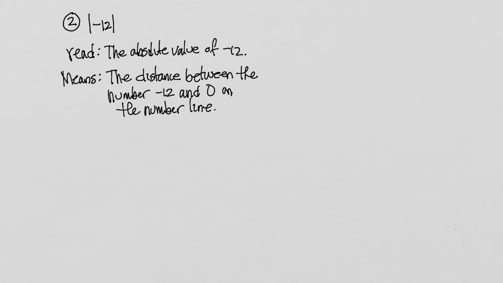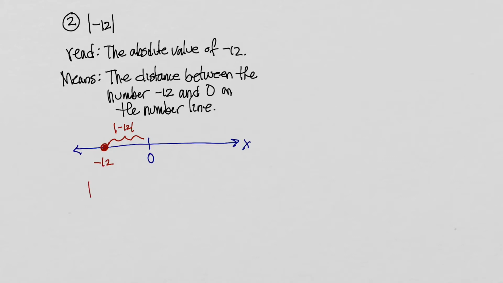Now we can get a picture of this. If we draw ourselves a number line, we'll label it x, and we'll mark a 0 as our base. And now let's locate the number -12. So -12 is to the left of 0, out here someplace. So that would be -12. And we will represent this distance here with that notation. And we can say now that the absolute value of -12, that is what?